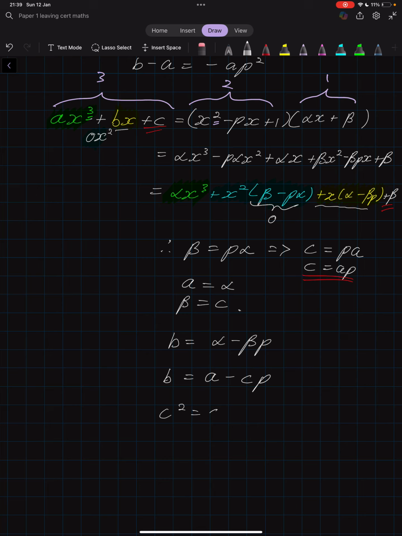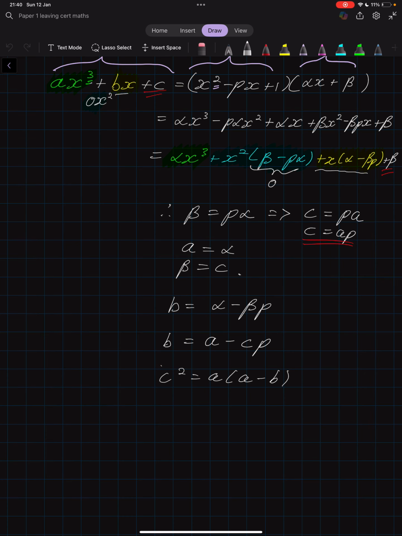So here, c is equal to ap. So from that, how do I show this? It's this thing I want to show. I'm just going to solve this for p.